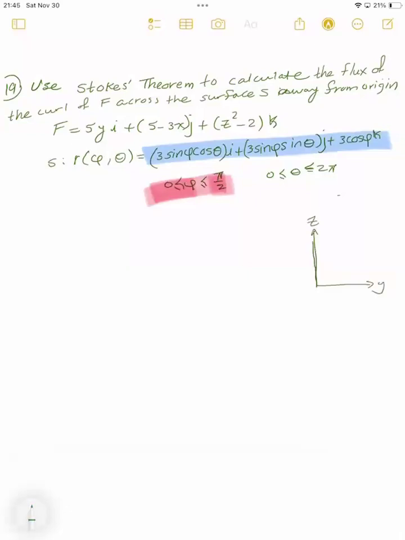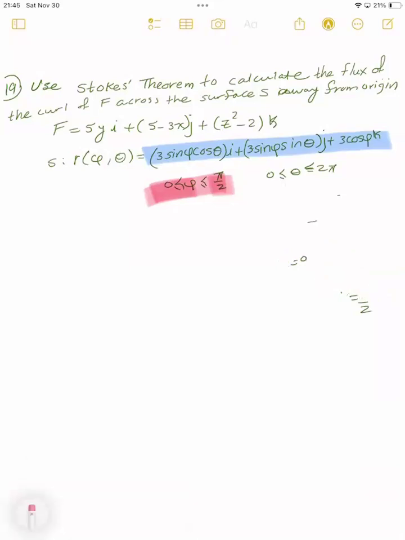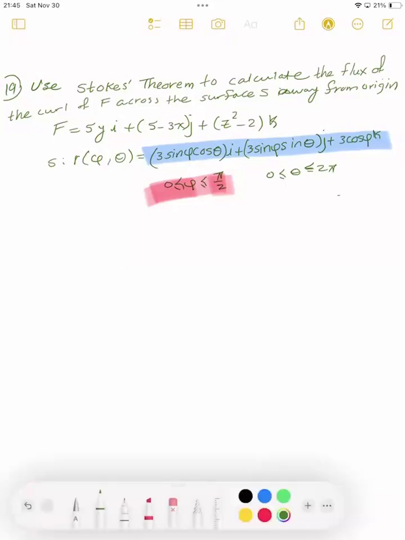This is where rho is at phi equal to 0, and this is when phi is equal to pi half. So phi goes from angle 0 to pi half. So that's why you have the hemisphere. This hemisphere has a radius of rho, and rho here is 3.